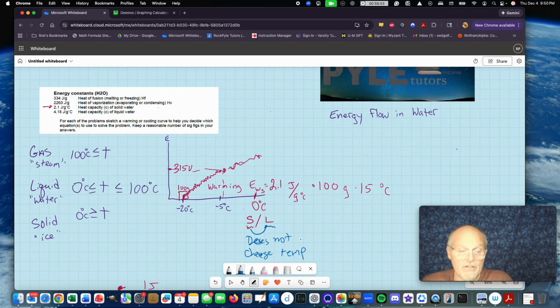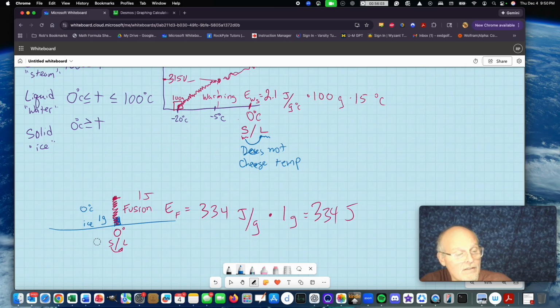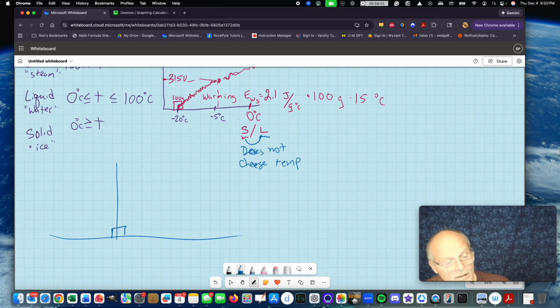This is critical because we're using a different format. So picture 100 grams of ice, which is solid water, at 0 degrees.